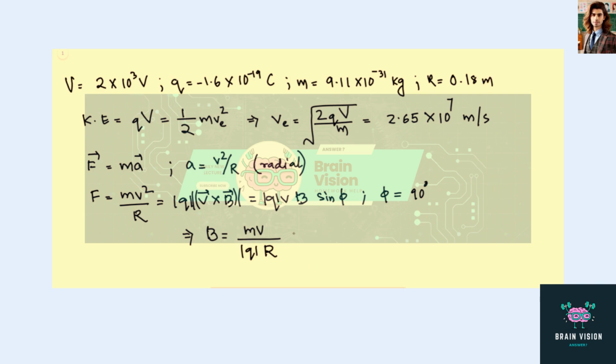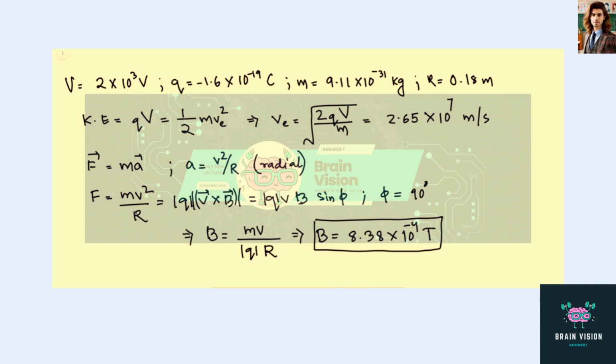So we solve this for B and we get the magnitude of B to be 8.38 times 10 to the power minus 4 Tesla. This is the magnitude of the magnetic field here.